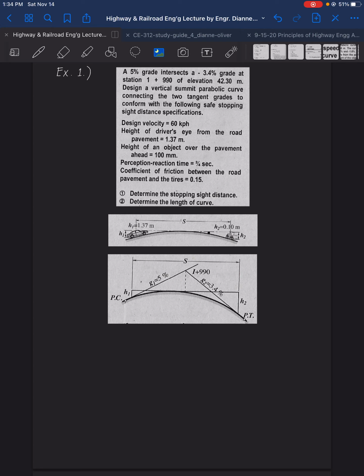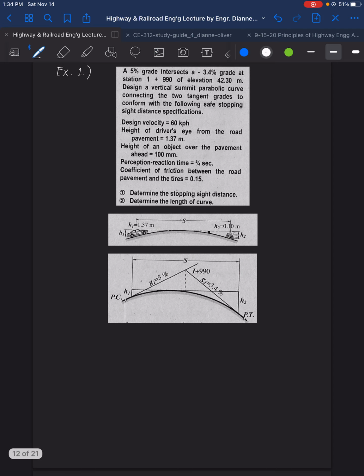Now let's use this figure for the problem. H1 is 1.37 meters, whereas H2 is 0.10 meter. We are here to compute for S, the stopping sight distance, but with the grade. The grade is 5%, then later on it becomes negative 3.4%.